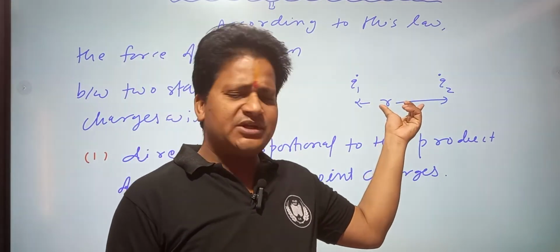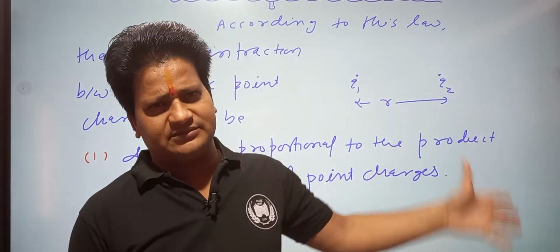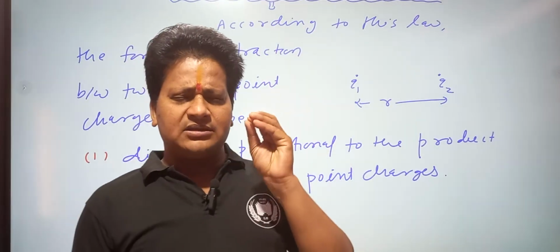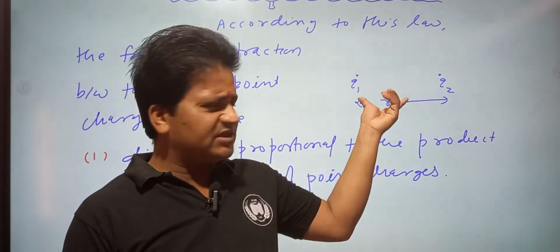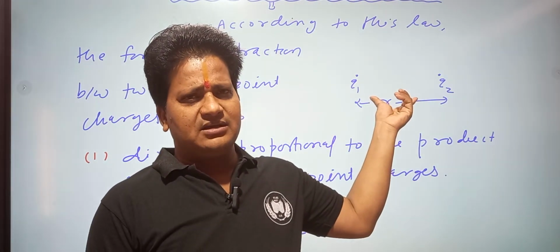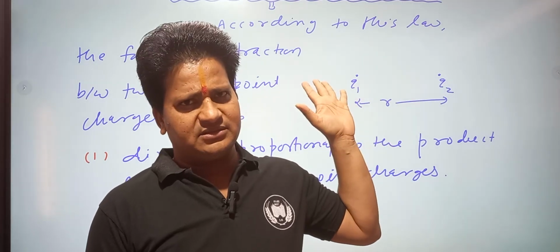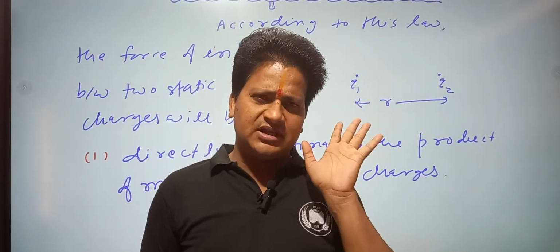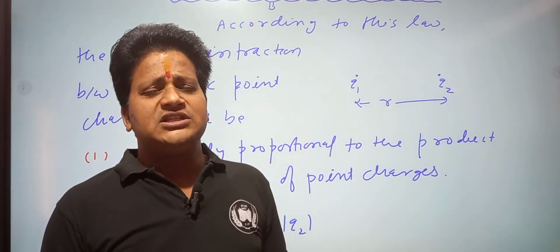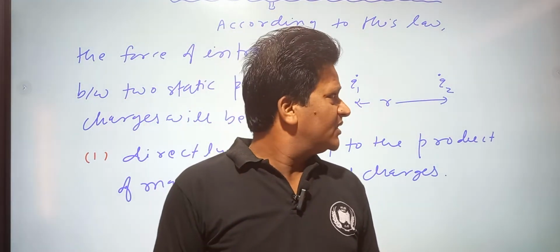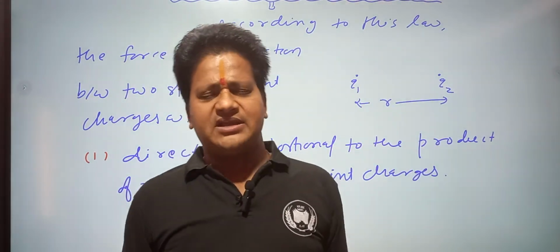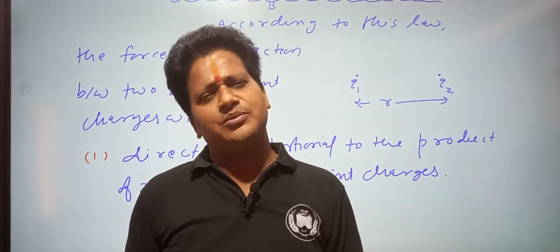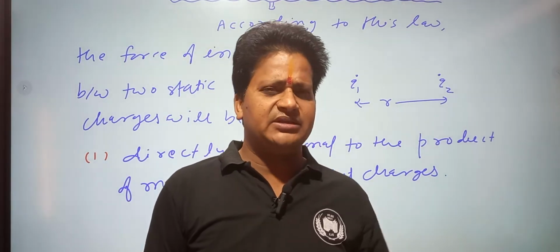Whenever the separation between these point charges increases, the force of interaction between these charges will decrease. This means that the force of interaction will be inversely proportional to the square of the separation between them.